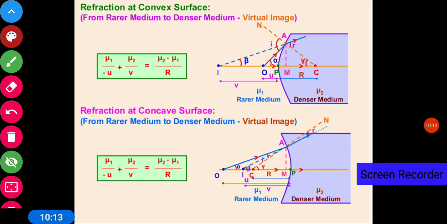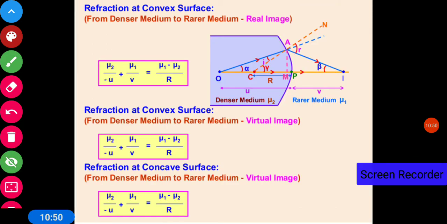For drawing the ray diagram, remember that whenever light travels from rarer medium to denser medium, it bends towards the normal. The line joining the center of curvature to the point of incidence is always normal to the surface. Taking that as the normal, if you draw the incident ray and refracted ray properly, you will get the proper result without any mistake.